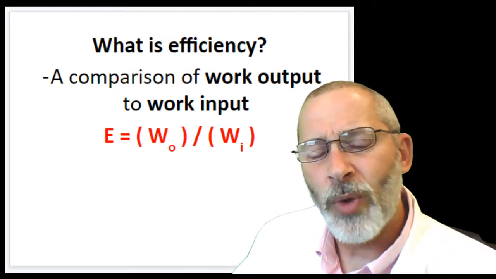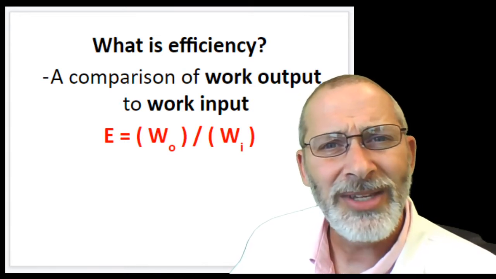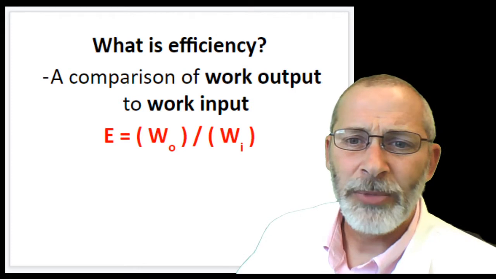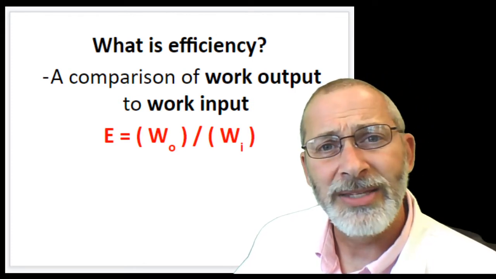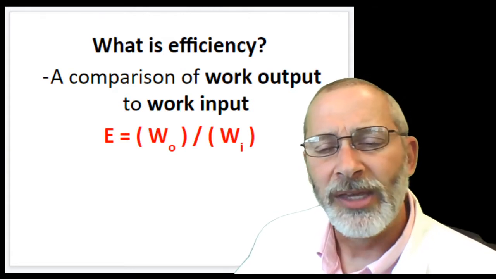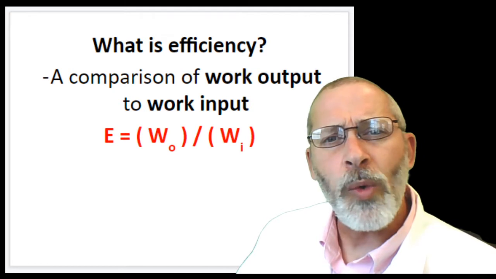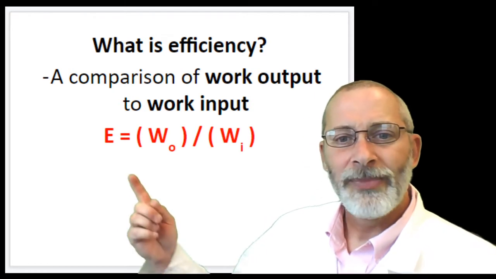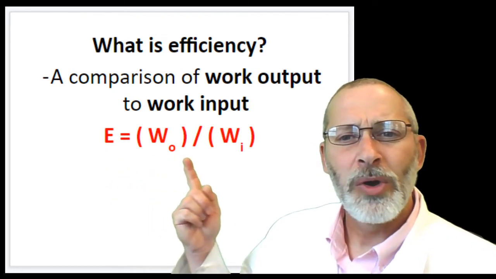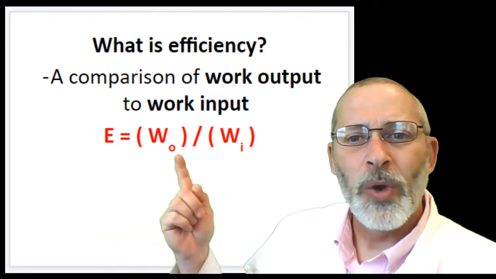And I think of Ewoks when I think of efficiency in this equation because they made a silly little noise, and I'm going to try to replicate that silly little noise now because it's the way I remember the equation for efficiency. It's E-wo-wee, E-wo-wee.